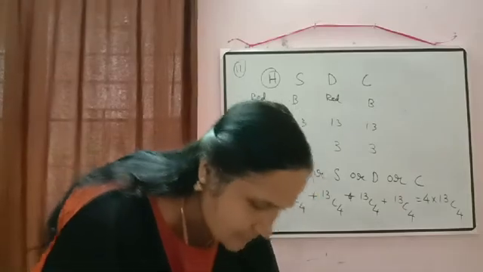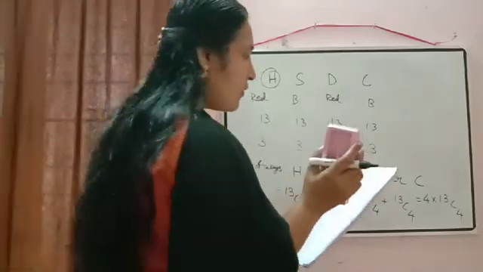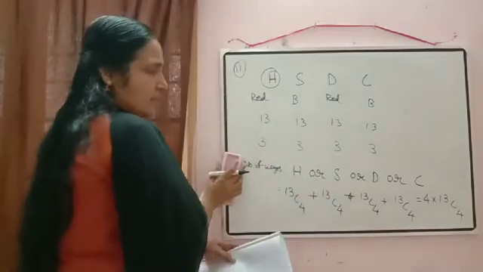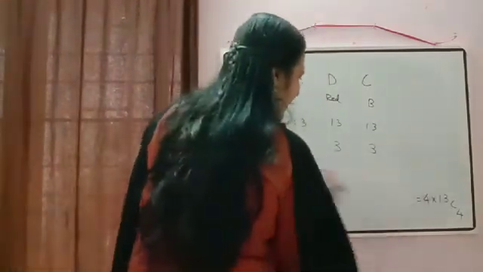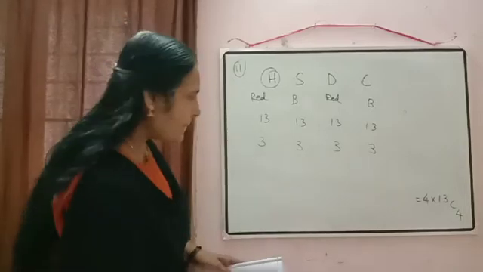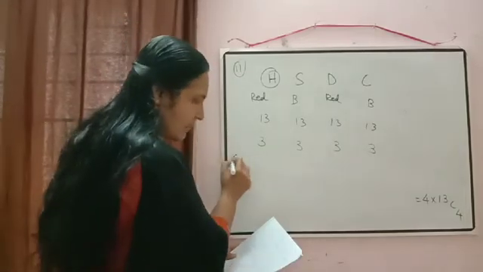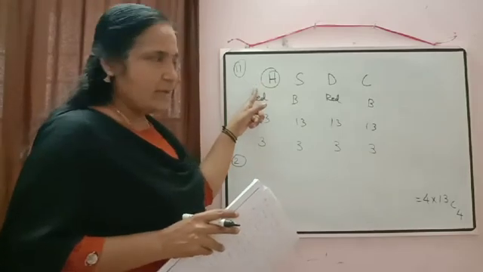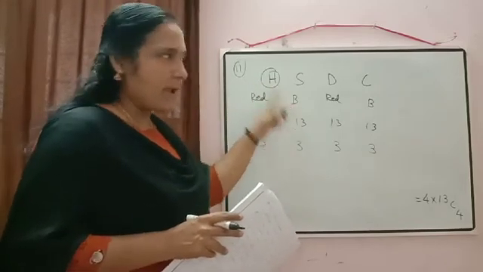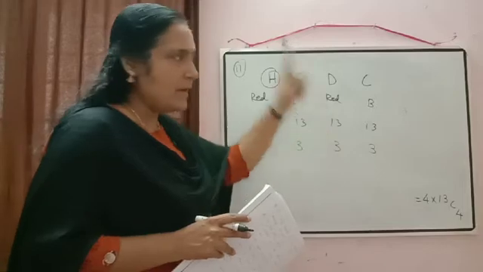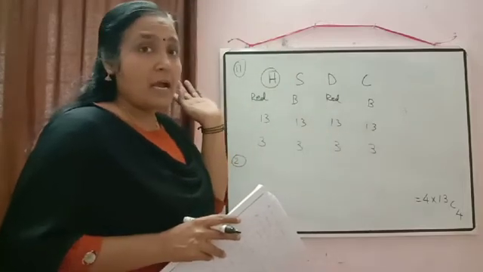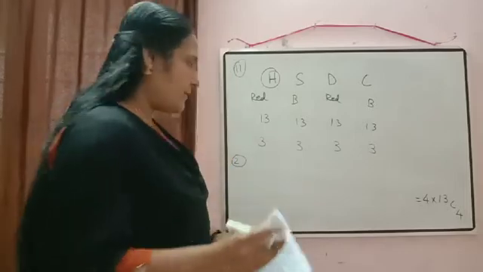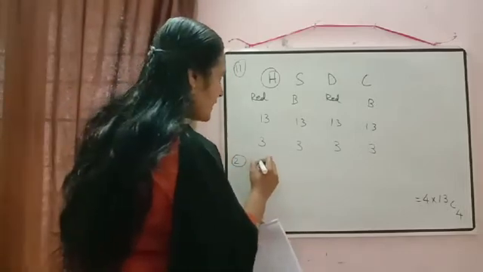Next condition is written: 4 cards belong to 4 different suits. I want 4 cards, but they should belong to 4 different suits. Means one should be from heart, one from spade, one from diamond, and one from club. So I want one card from heart. How many cards are there? 13.